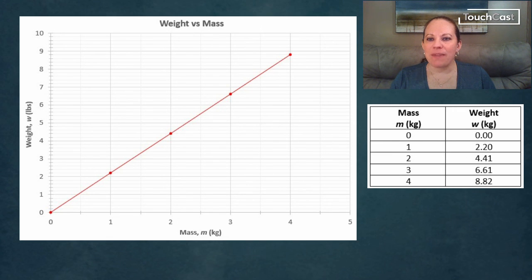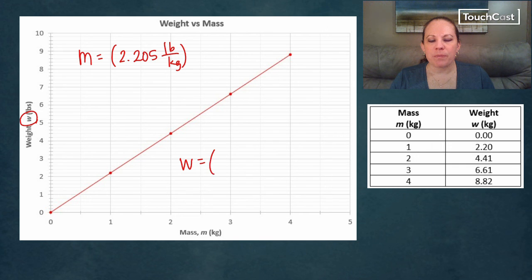We found in that video that the slope of this data is 2.205 pounds per kilogram. So to construct this mathematical model, we will take the symbol for our dependent variable, w, and that will be equal to our slope with units, 2.205 pounds per kilogram.